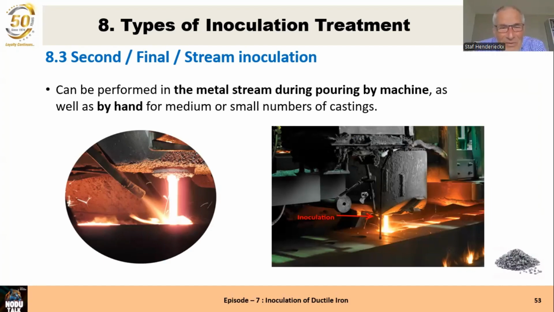The stream inoculation is something else, and I showed you two possibilities. You can do it by hand. On the left side, you can see that it's a tube and they put it in the metal. On the right side, you see it in an automatic molding and pouring machine. It's blowing in the stream when it's put in the casting.